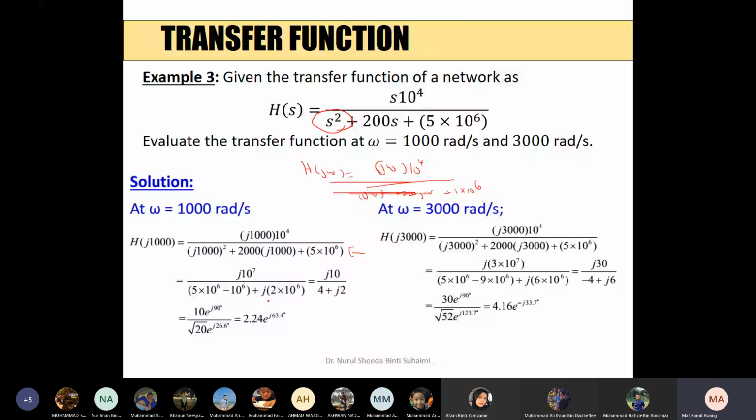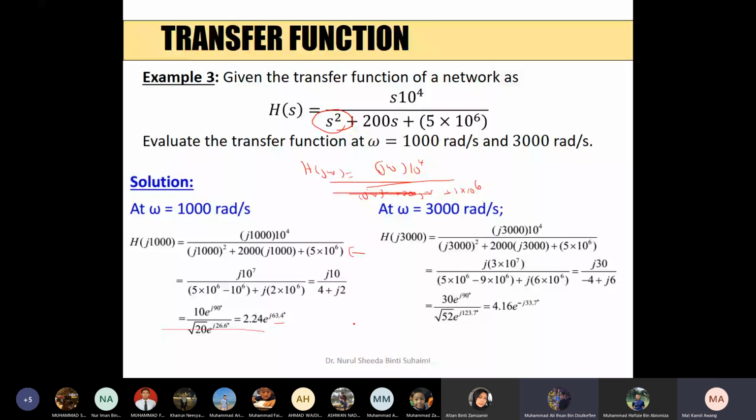You get 10^4 e^(j90 degrees) divided by square root of 20 e^(j26.6 degrees). So the magnitude is 2.24 and the phase is 3.4 degrees.